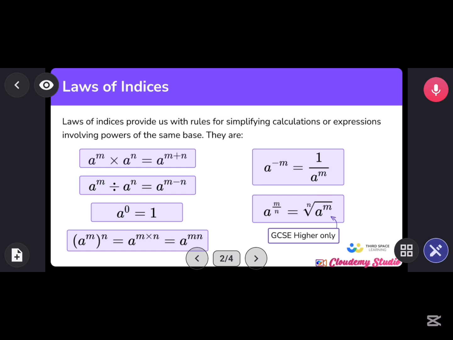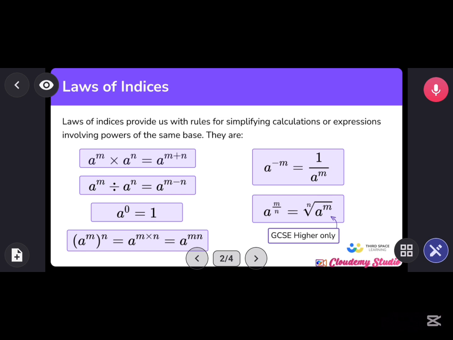And in this, they stated 6 laws, where a^m multiplied by a^n becomes a raised power m plus n. a^m divided by a^n gives us a raised power m minus n. a raised power 0 equals 1. And we have the multiplication law, we have the reciprocal law, as well as the root law, where the power turns into roots, and we have shown ourselves how to apply these rules.